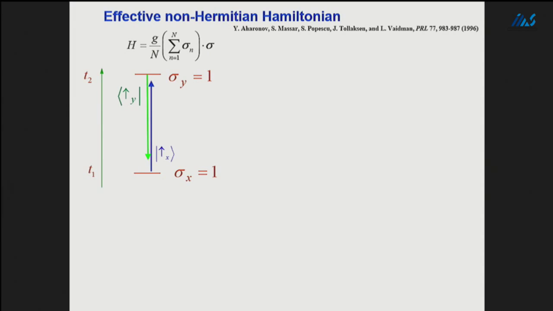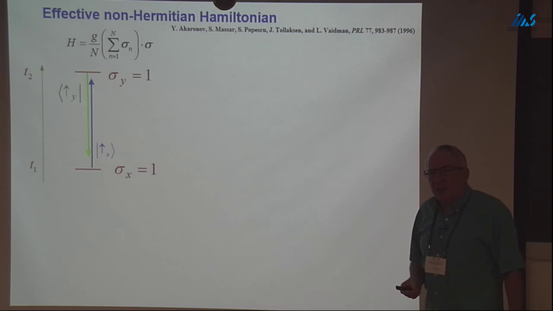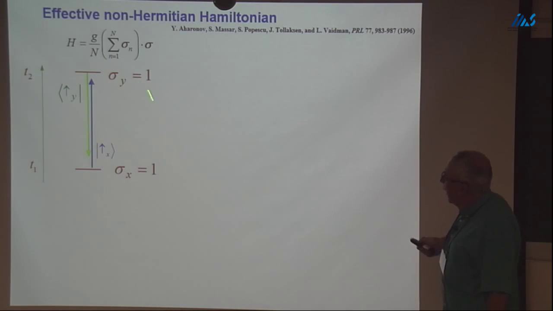The work which I mentioned in the beginning was the following. Consider coupling of many spins to one external spin. All these spins are pre- and post-selected in this state. This is really a rare quantum event because I want all of them.